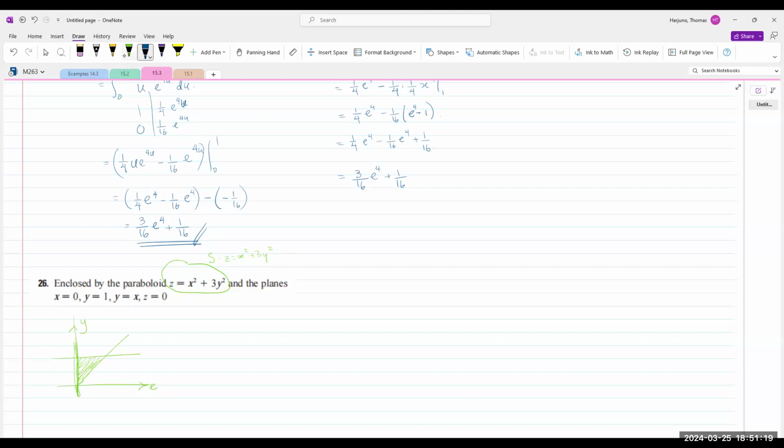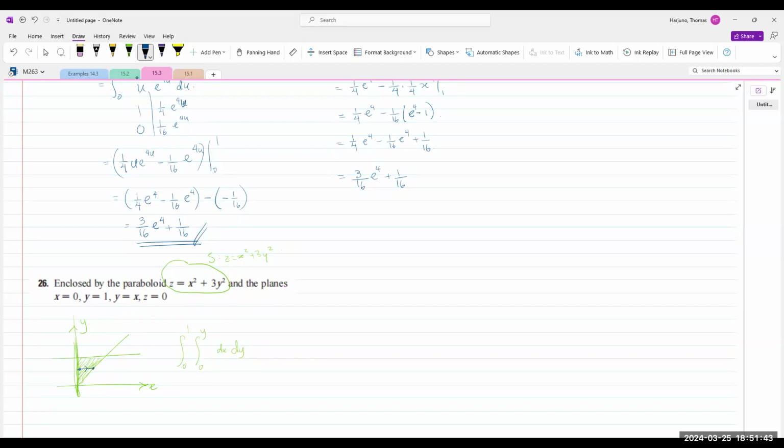Okay, so for the double integral, I think I will integrate it this way. It's from 0 to 1 for dy, and then dx will be from 0 to y, right? And if you choose y, you will start from 0 to x.